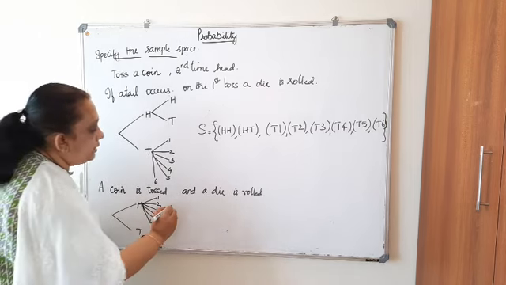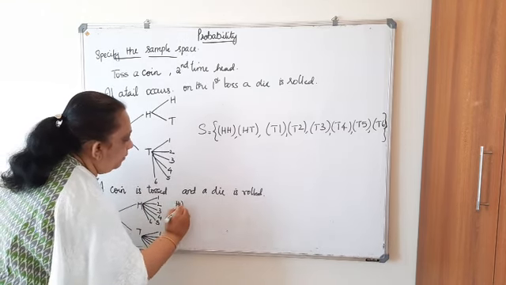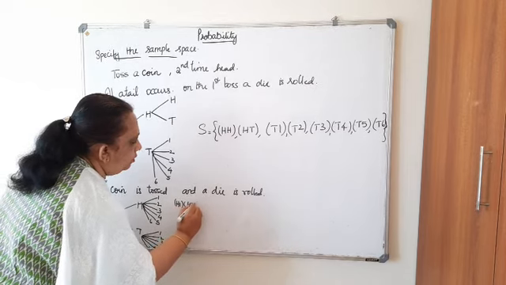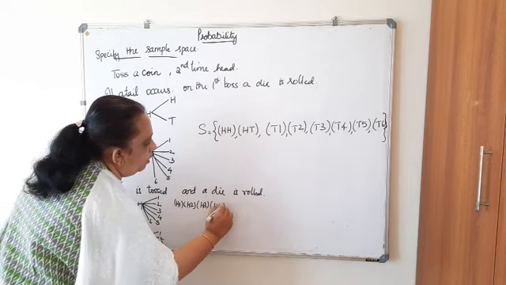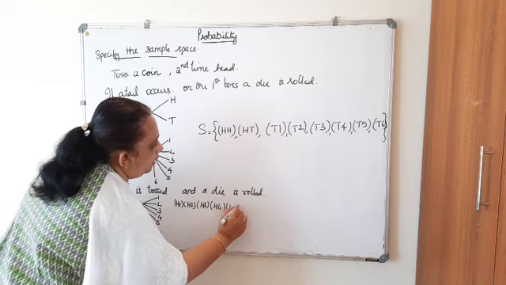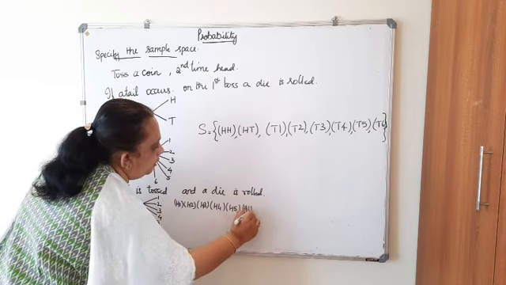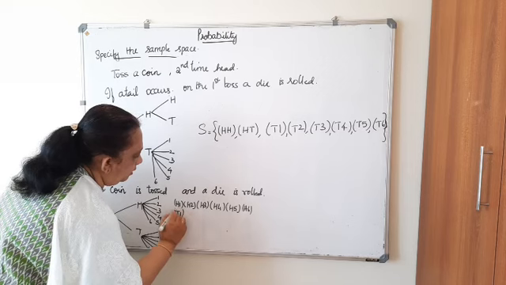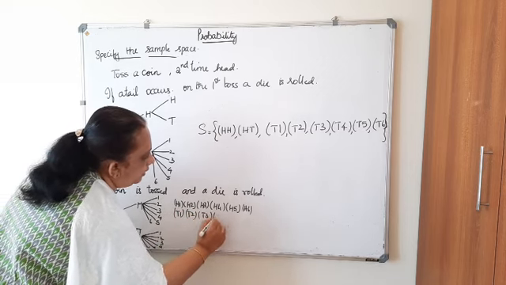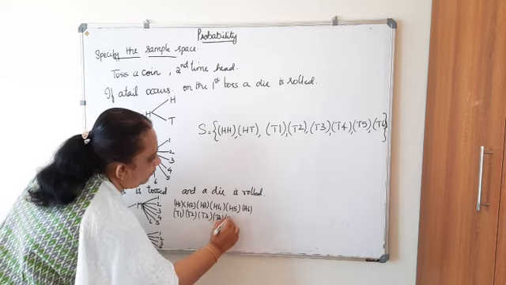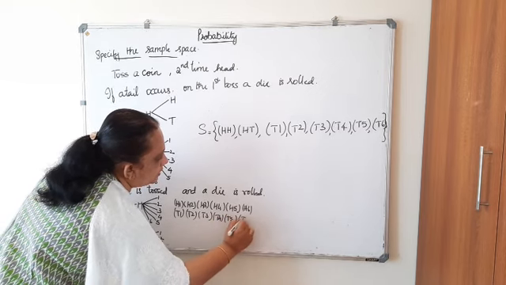So what about the sample space? H1, H2, H3, H4, H5, H6 or T1, T2, T3, T4, T5 and T6.